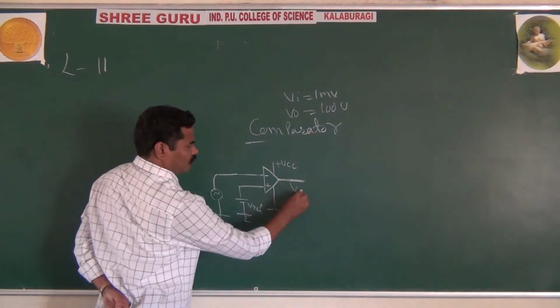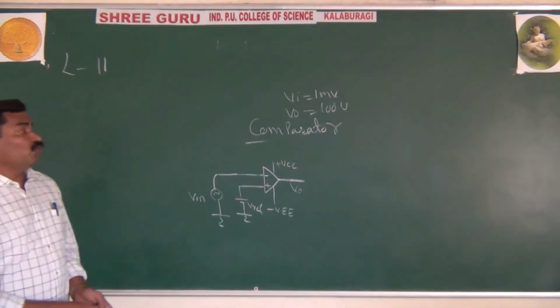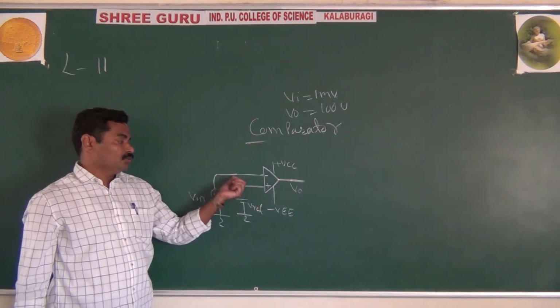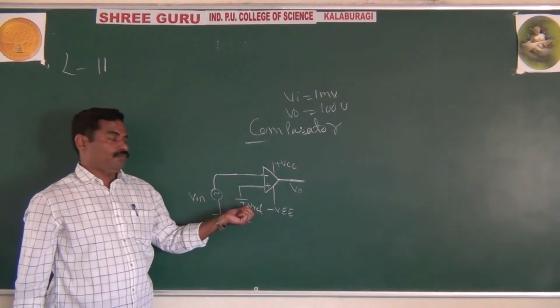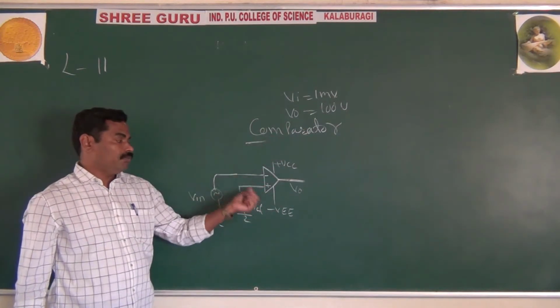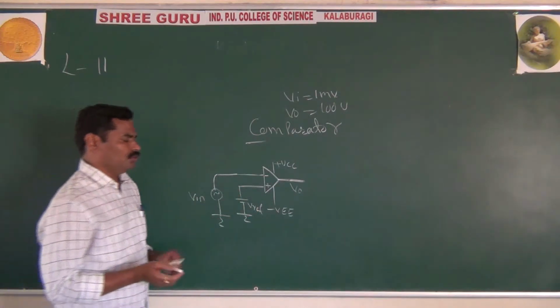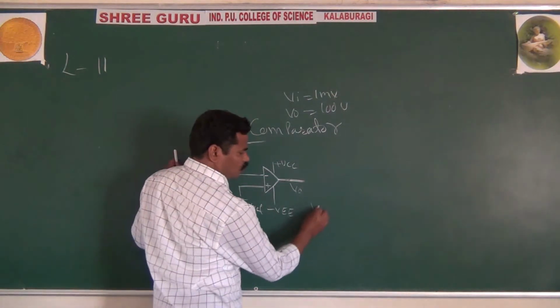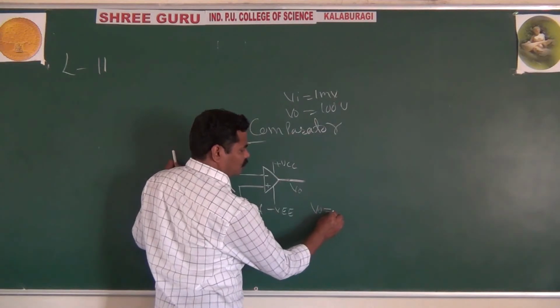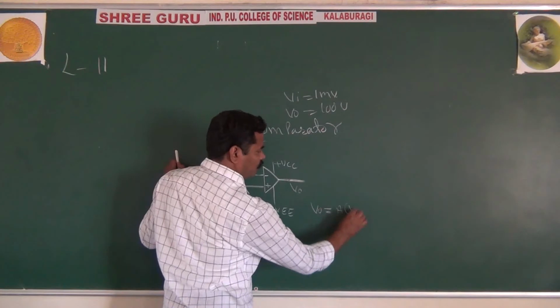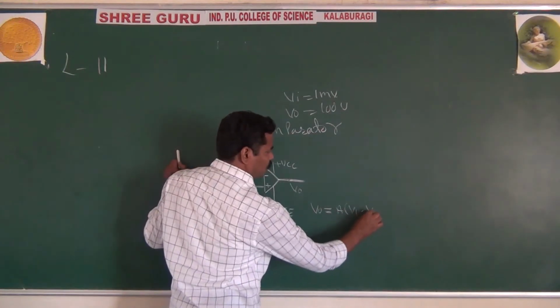Actually, what does the comparator do? The comparator will compare the two input signals. And as usual, we know about the output. The output voltage in an op-amp is nothing but V0 equal to A into (V1 minus V2).